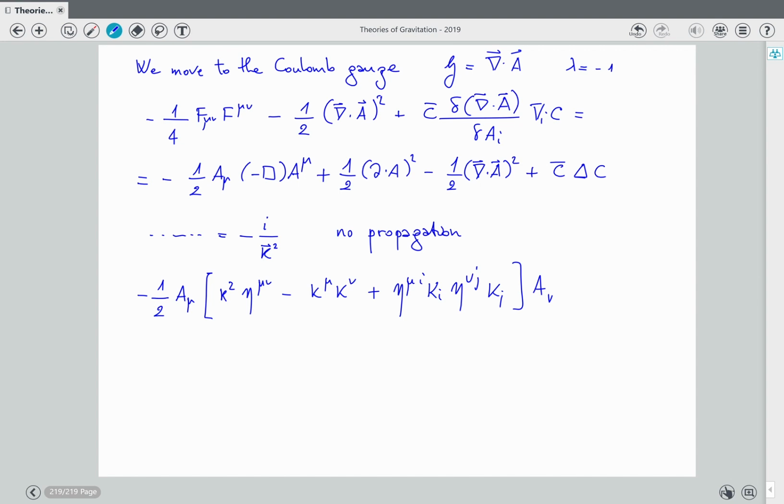And now we need to invert that. This we define as Q mu nu. And what matrix is this? Let's check.